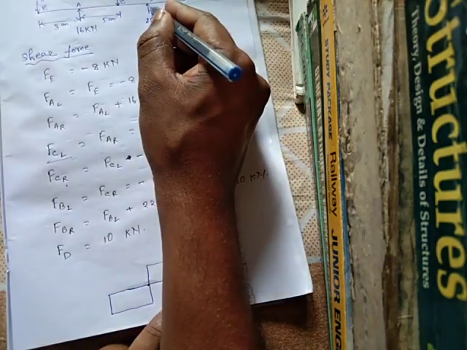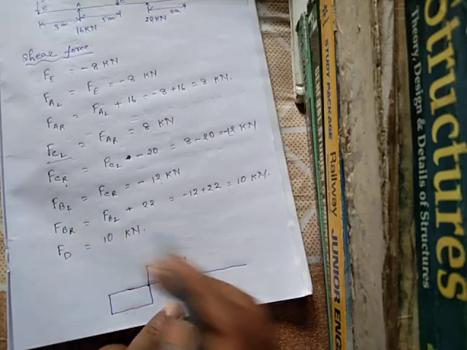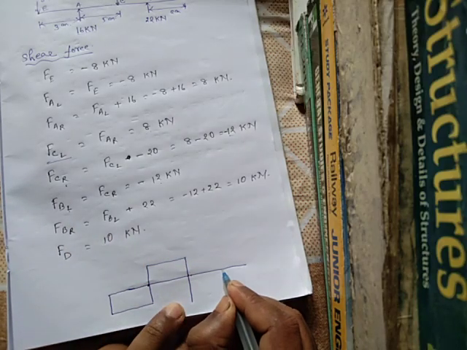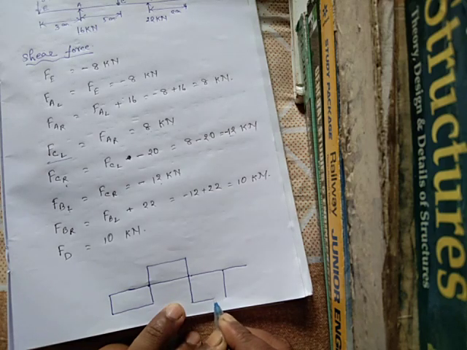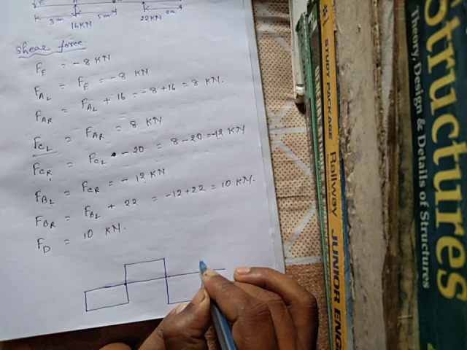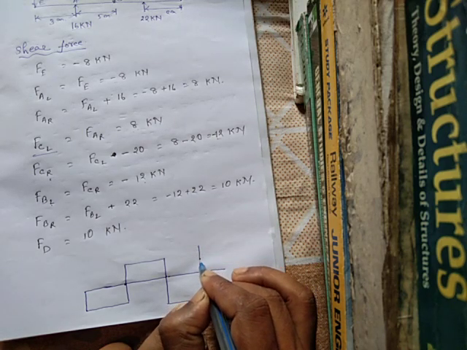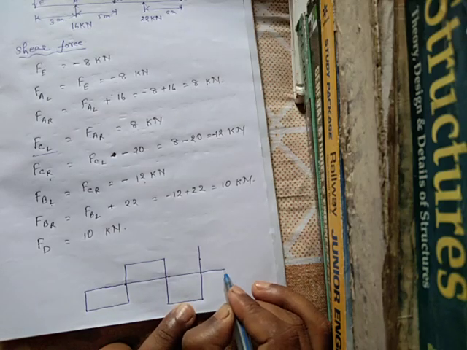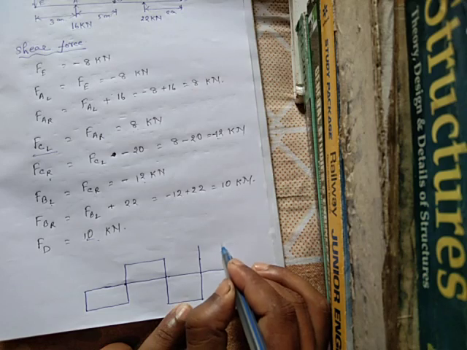At point B, the shear force is minus 12 kilonewton just to the left, and just to the right is 10 kilonewton. And the shear force at point D is also 10 kilonewton.